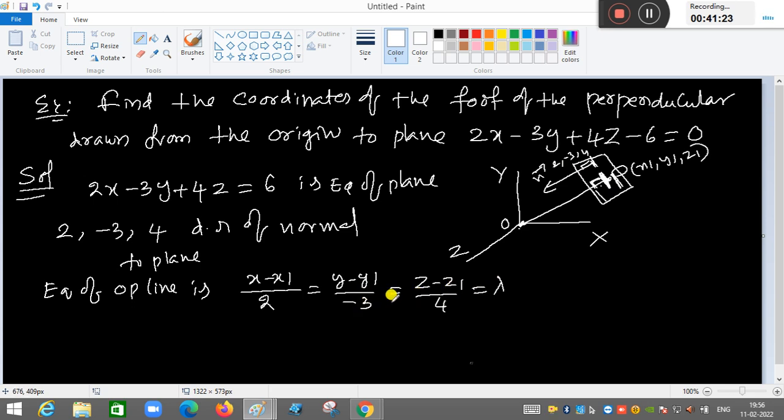This is the equation of a line passing through a single point parallel to another vector. So these direction ratios are equal to the direction ratios of this.